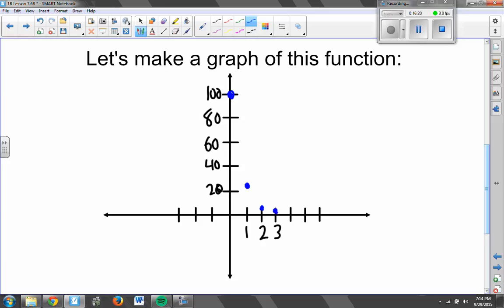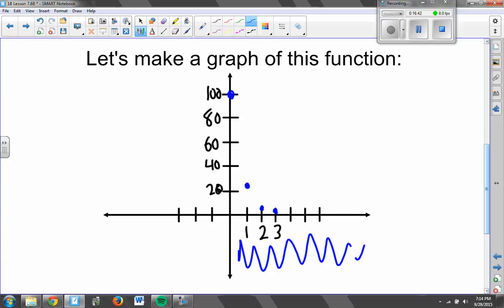Now, one thing that we should note is that just because we continually keep multiplying by a number, 0.25 or a 2 or something like that, we can never, ever reach 0. It's impossible for us to reach 0. So please don't ever have your graph go below the x-axis.